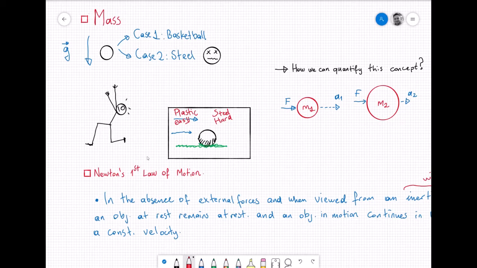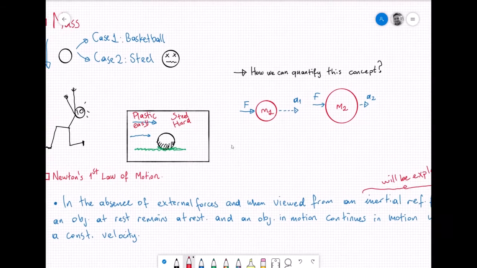From those two examples, we can conclude that if the mass of a moving object is large, it will be hard to stop it. Similarly, if the mass of an object that is standing still is large, it will be hard to start it moving, or vice versa.